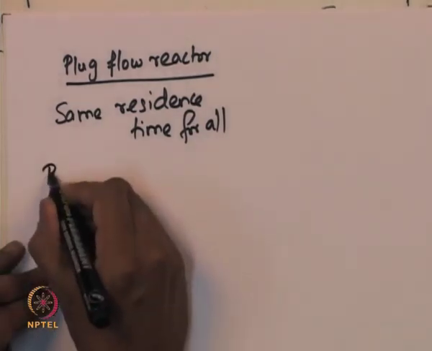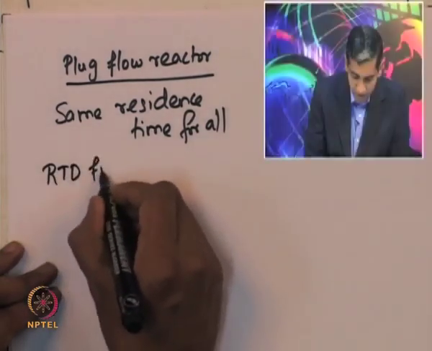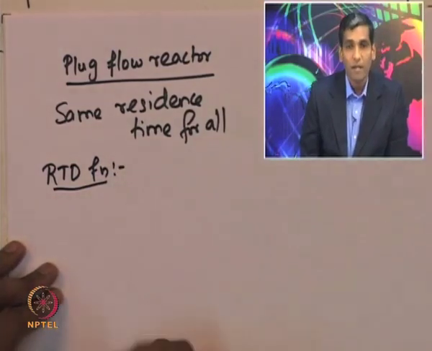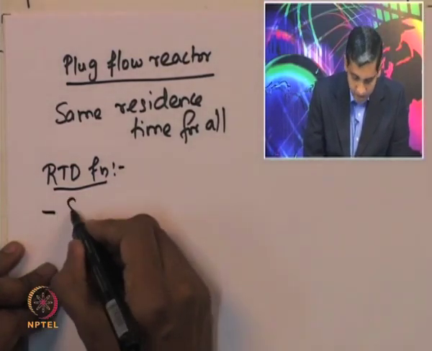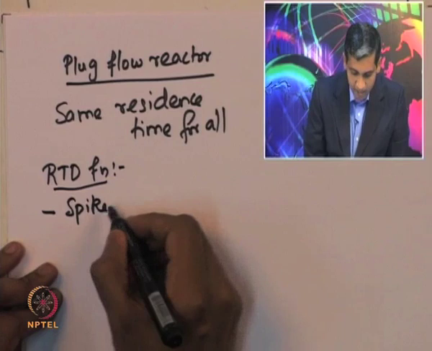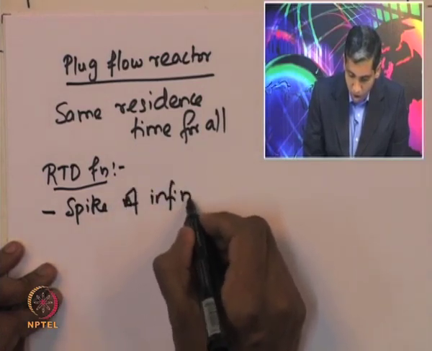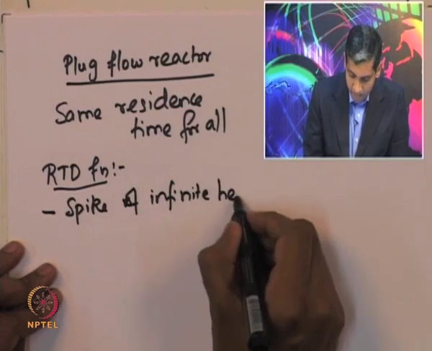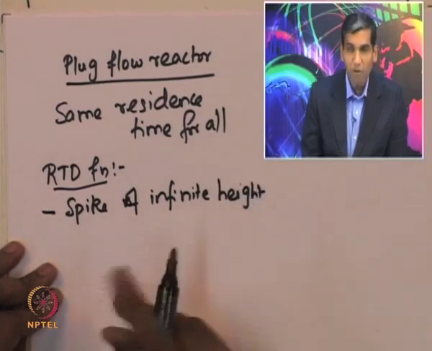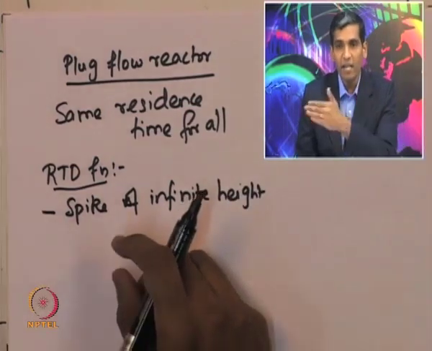So, therefore, the RTD function must have the following properties. First, it must have a spike of infinite height, because all of them will have the same residence time. Therefore, they will all leave like a plug.